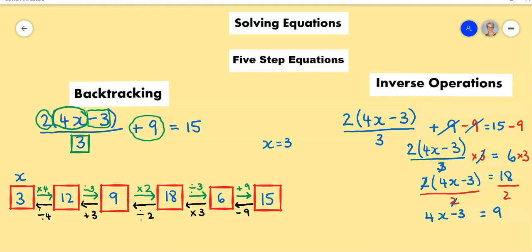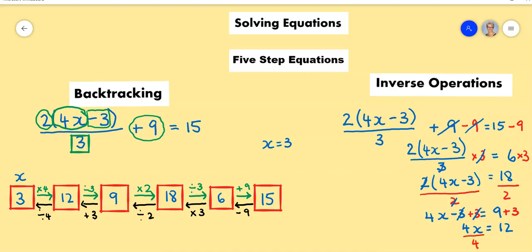The second last thing we had to do to both sides was add 3. So we're going to add 3 to both sides. Minus 3 and plus 3 will cancel out. So I am left with 4x is equal to 9 plus 3, which is equal to 12. Finally, we had to divide by 4.